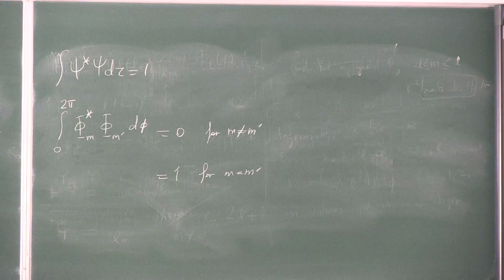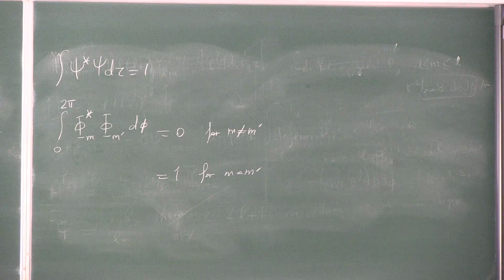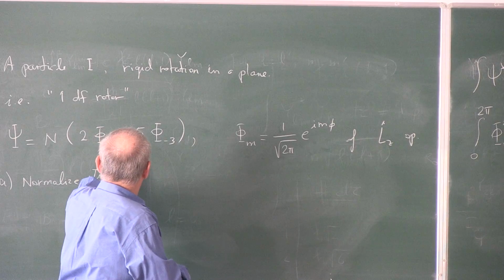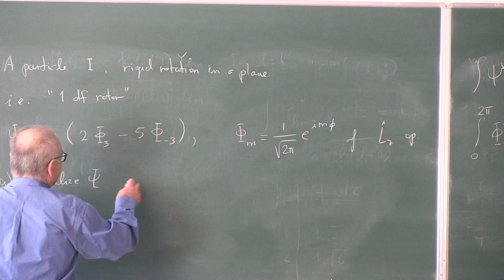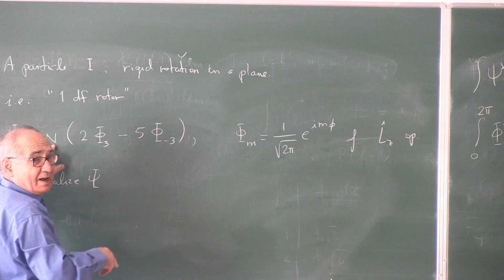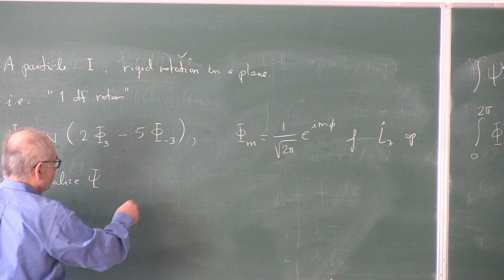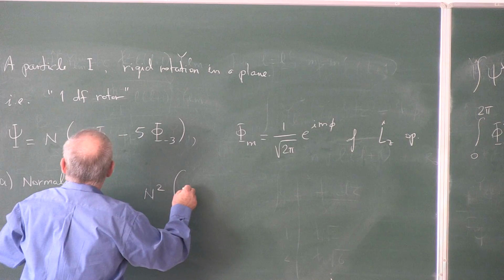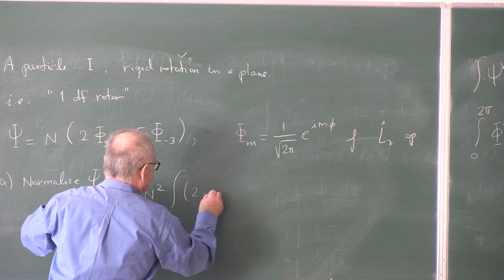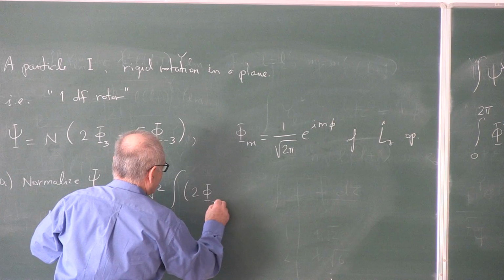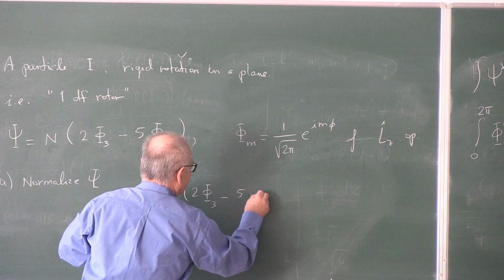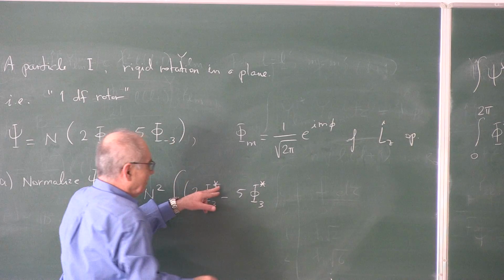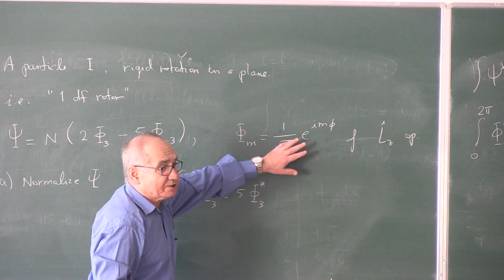Now, we use the orthogonality property and normalization property of these functions to evaluate this very clearly. We select n as a real number. So we have n squared, then 2 times... I'm putting these star symbols because these are complex valued.